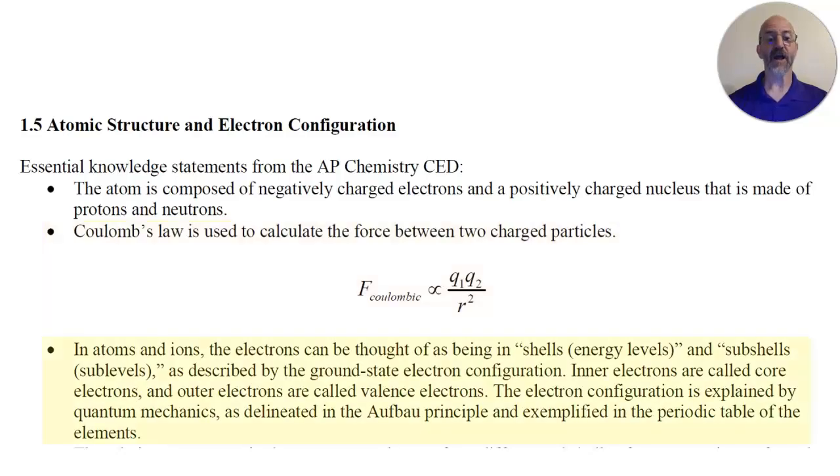In atoms and ions, the electrons can be thought of as being in shells or energy levels and subshells or sublevels as described by the ground state electron configuration. Inner electrons are called core electrons, and outer electrons are called valence electrons. The electron configuration is explained by quantum mechanics as delineated in the Aufbau principle and exemplified in the periodic table of the elements.